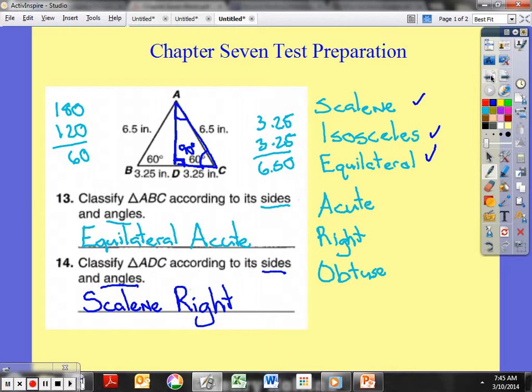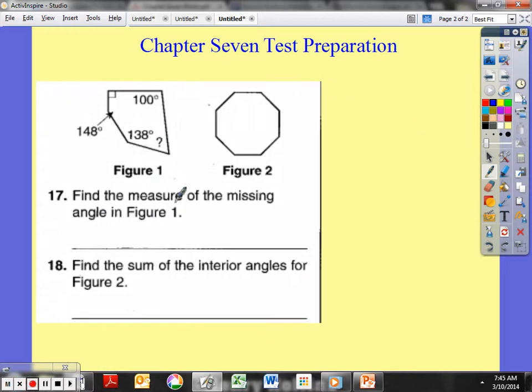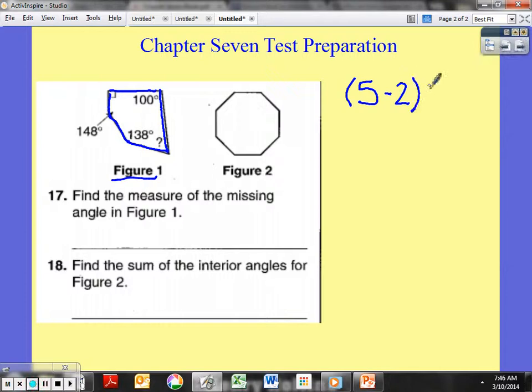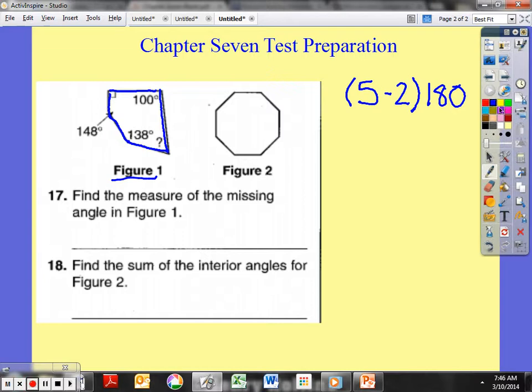Okay? If I look at the next one, it says find the measure of the missing angle in figure 1. Here's figure 1. I see that it has 1, 2, 3, 4, and 5 sides. A 5-sided figure is a pentagon. Remember what I could do here is take how many sides it has, which is 5, subtract 2 from it, and multiply that by 180.